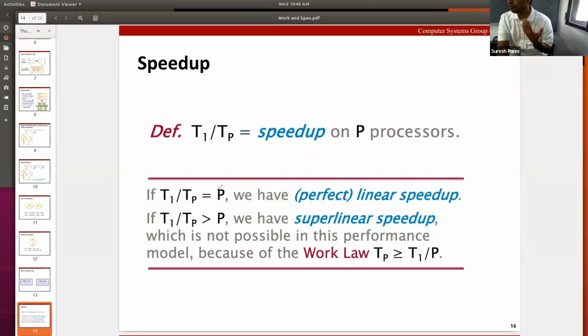So if the speed up is greater than P, then it's a super linear speed up. But most of the time, we get sublinear speed up. Except if you're Kishore, you don't get super linear speed up. Everyone gets sublinear speed up. I'm sorry for pulling your leg.